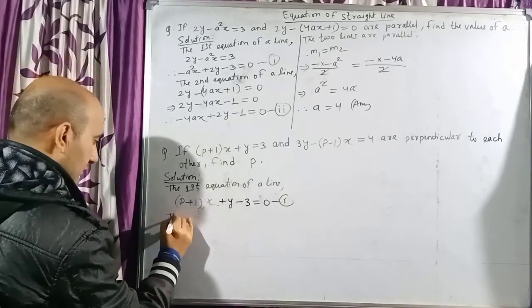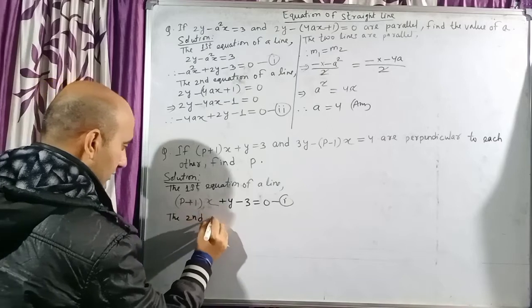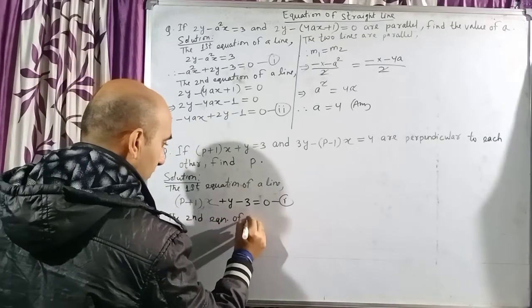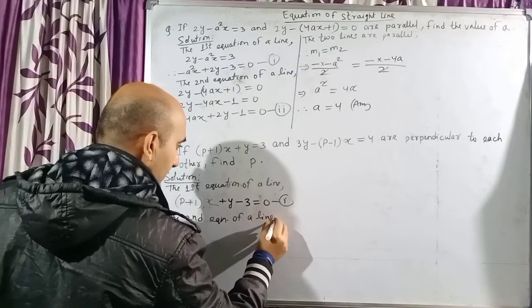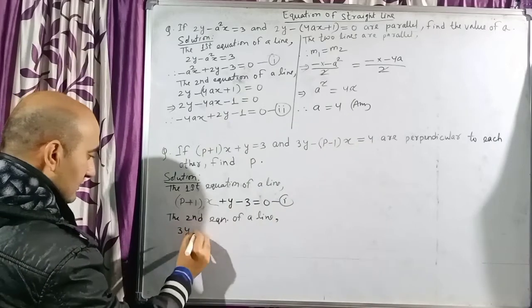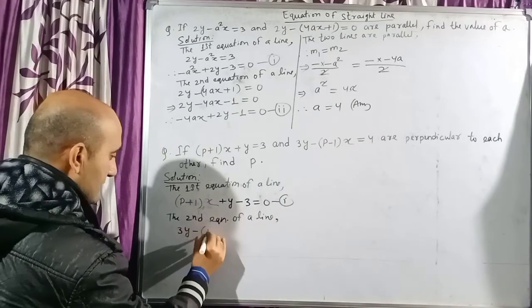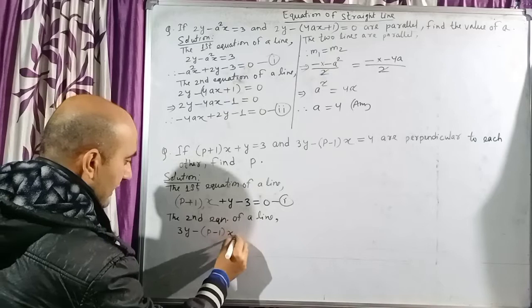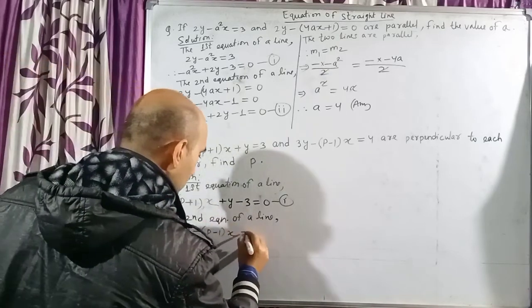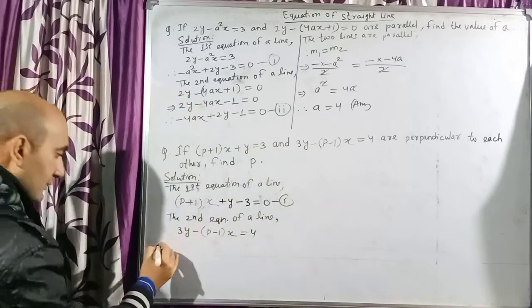Now the second equation of a line, here we have the second equation, please write it, 3y minus (p minus 1) x equal to 4. Let us arrange.